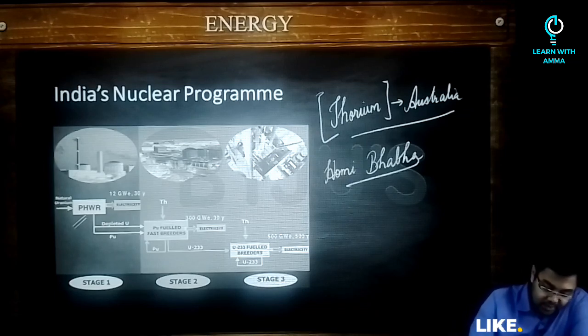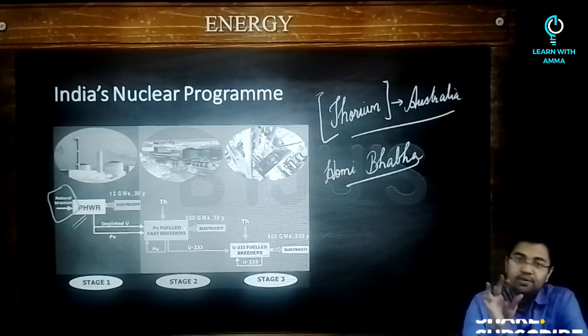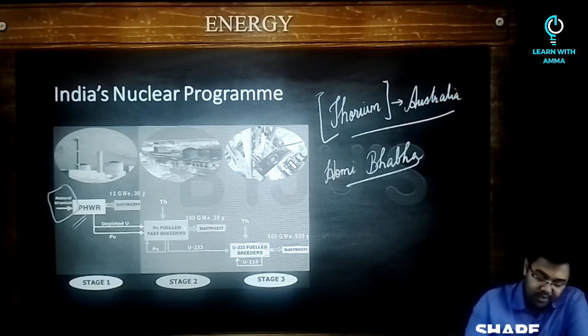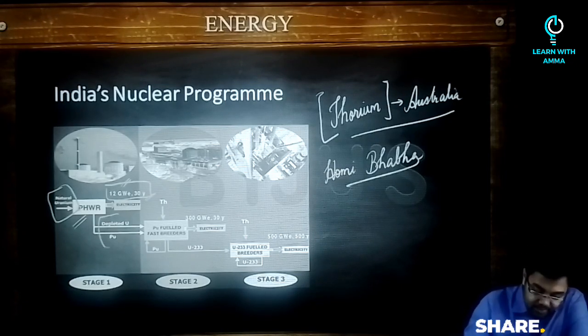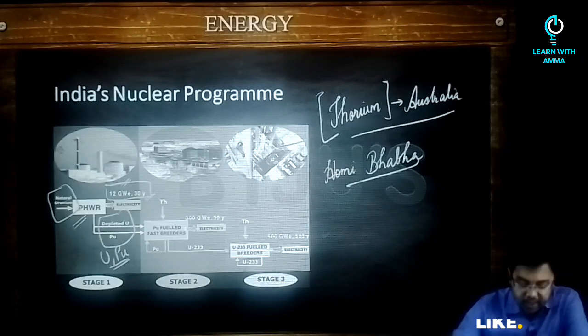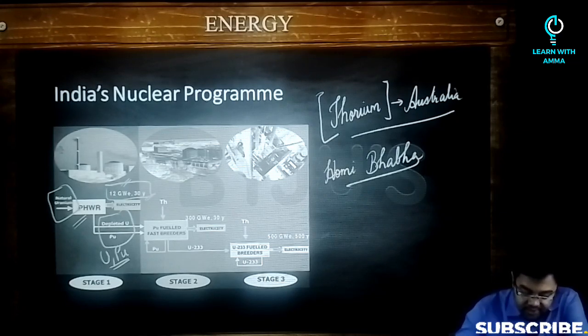In a pressurized heavy water reactor, natural uranium will be used as fuel. From here we will start producing electricity: 12 gigawatt of electricity over 30 years would be produced. From here, as byproducts, you will get uranium as well as plutonium. Now this uranium and plutonium will be used in the fast breeder reactors.